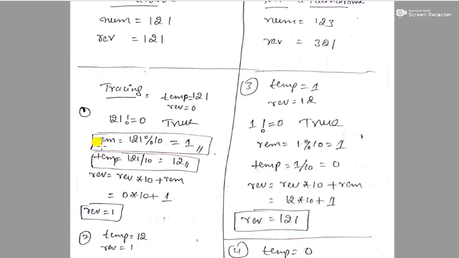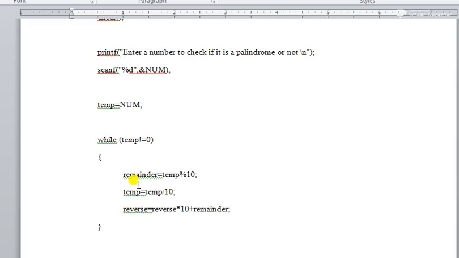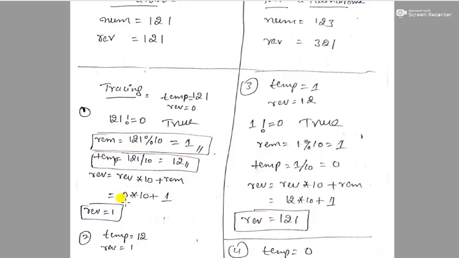Here I wrote it as REM, but in your program it is remainder. For the remainder, temp modulus 10: 121 modulus 10. In modulus we get the remainder as output, not the quotient. The remainder we get is 1.